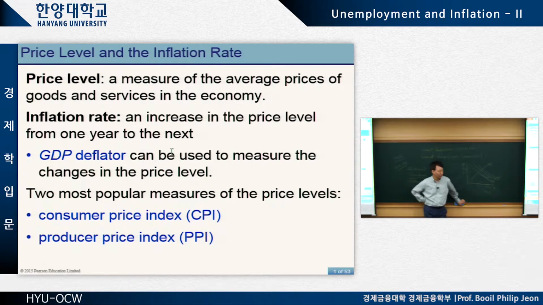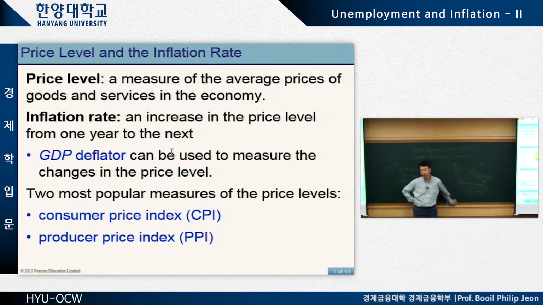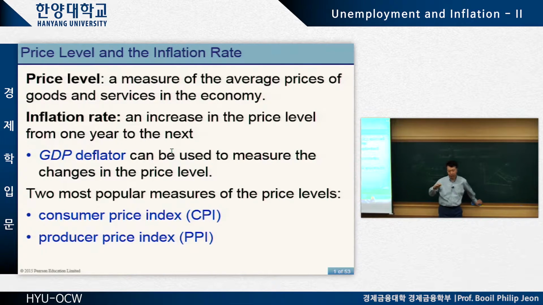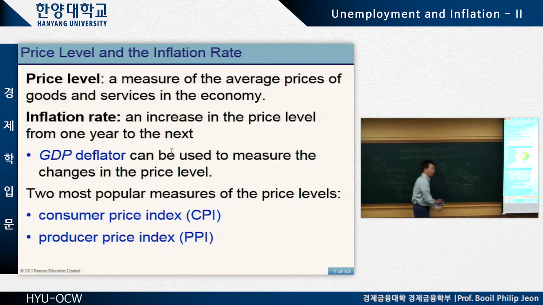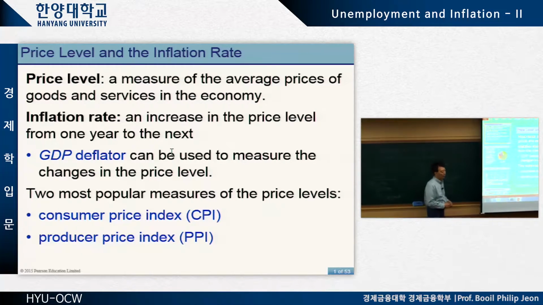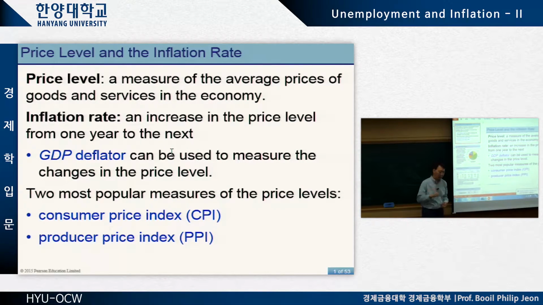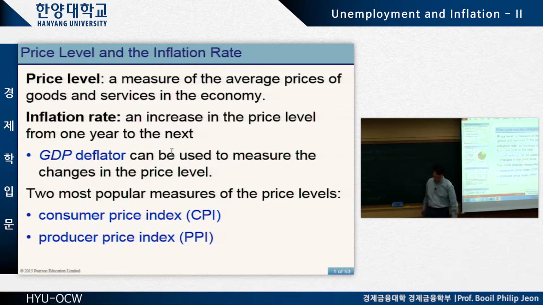So when the Federal Reserve, or whatever the policy-making body of the government, tries to come up with economic policy, they should use inflation as the target, keeping inflation at a certain level. And that will also control the unemployment rate.